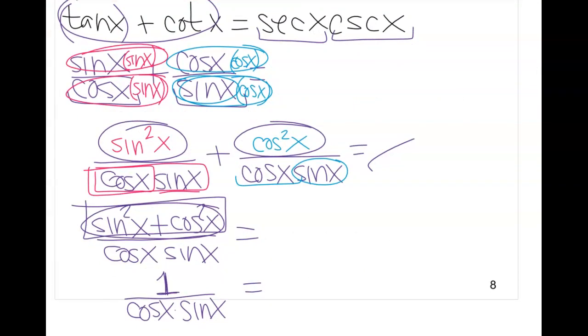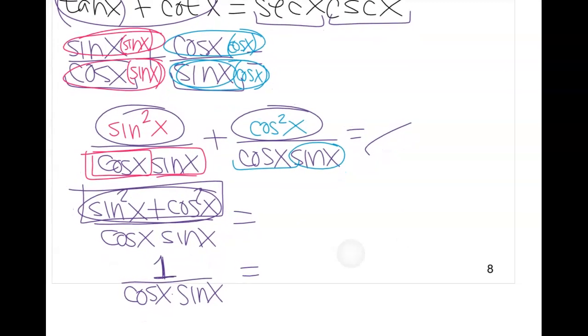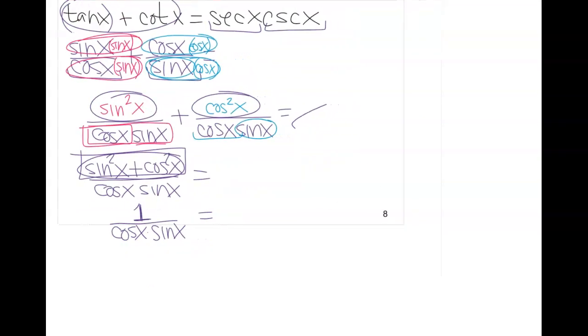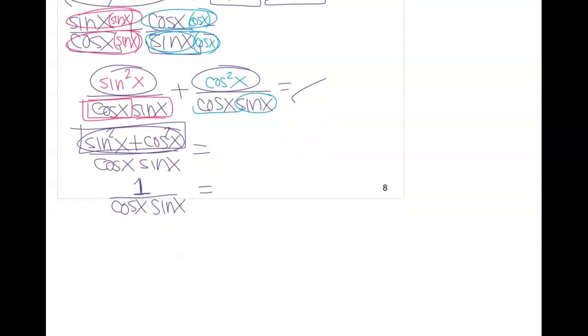And we know that secant and cosine are related by being reciprocals of each other. And so are cosecant and sine. So what I'm going to do is take this fraction, and we did something similar early on in the previous problem. We're going to separate that fraction into two factors.